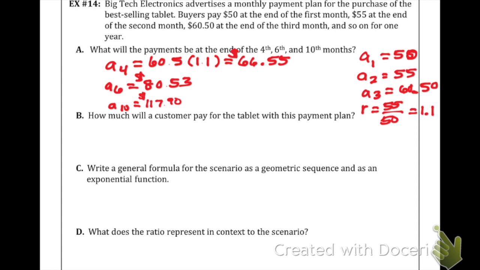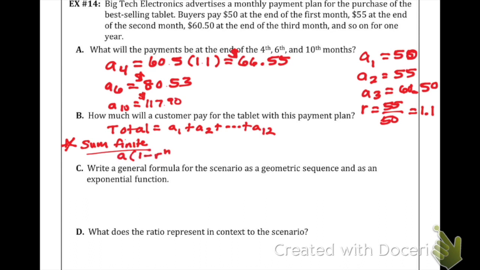So in total, how much will a customer pay for the tablet with this payment plan? So my total is going to be equal to A1 plus A2 all the way to A12. So we can either total all of those up, or there is a formula that we can use. You guys learned it last year in Algebra 2 to find the sum of a finite geometric sequence. You do your first term times 1 minus r to the n, all over 1 minus r.